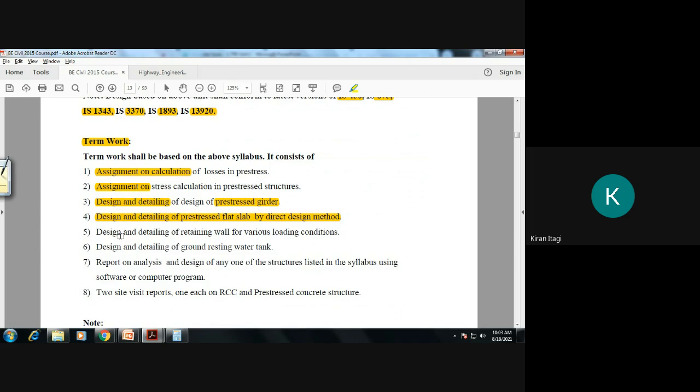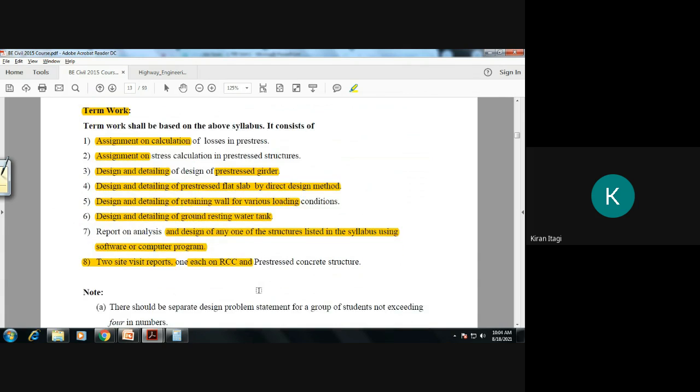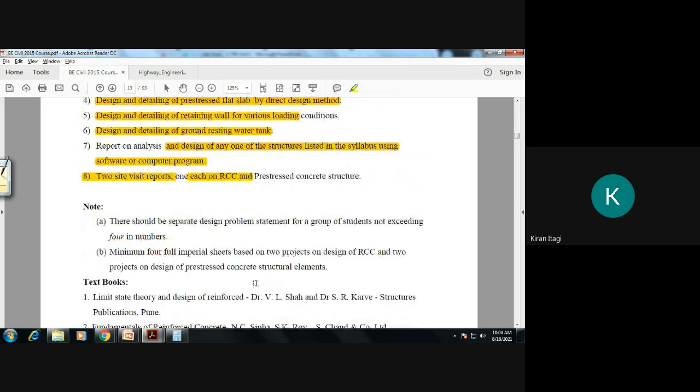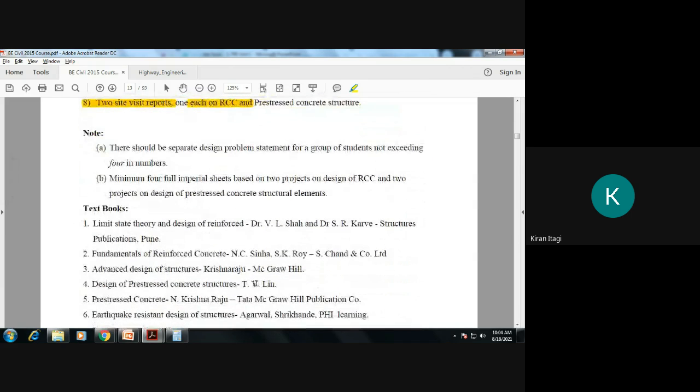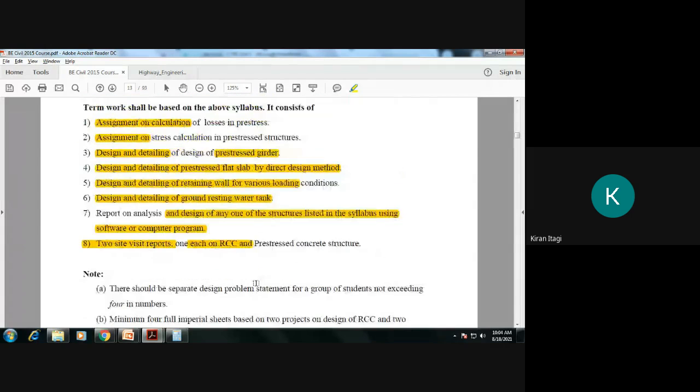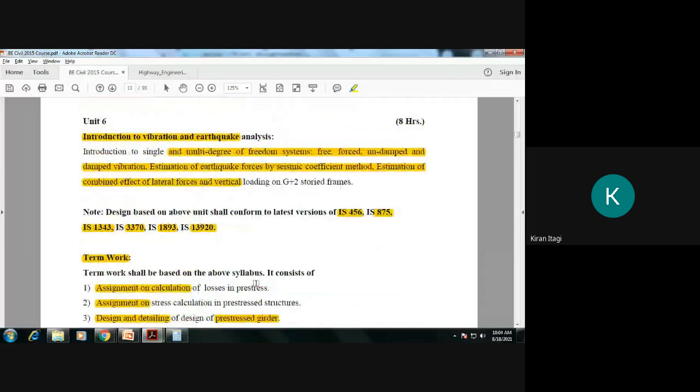This one is on the third unit, fourth unit, fifth unit. A report on analysis and design of any one structure. Okay, and a site visit is there. We will see whether it is possible to go for a site visit or not. So this is all about your SD3.